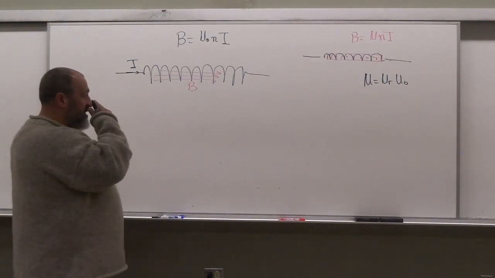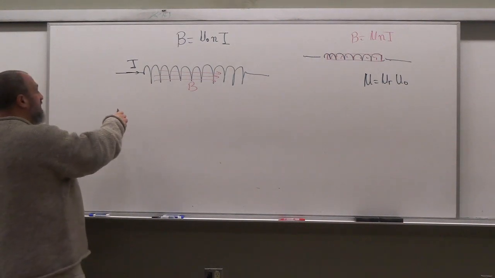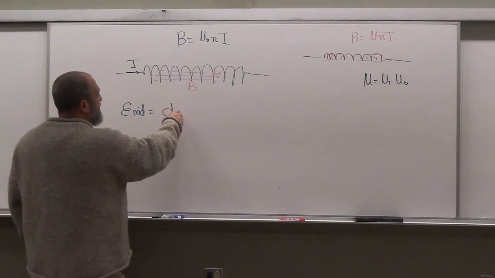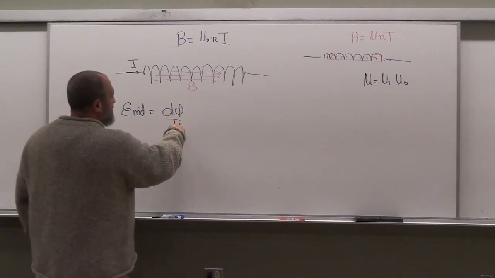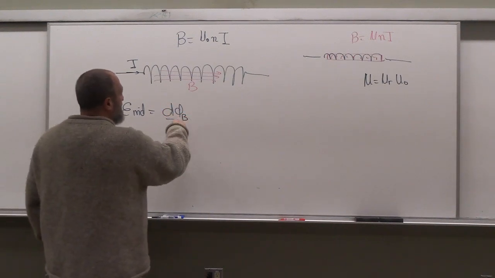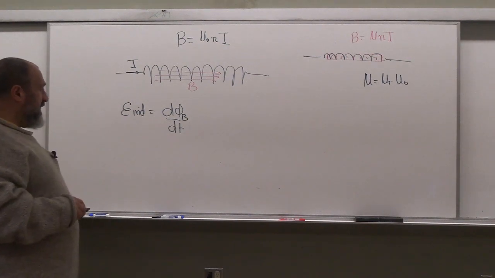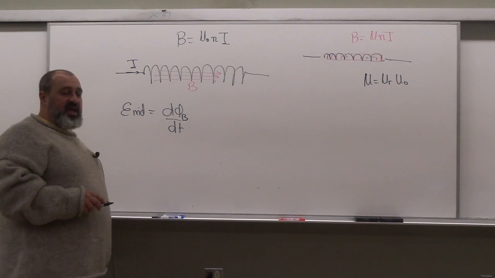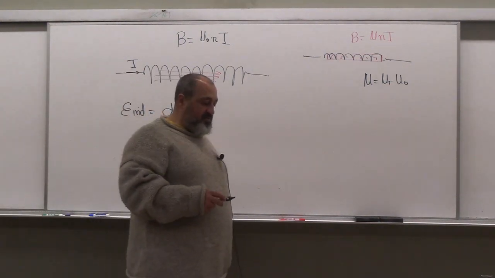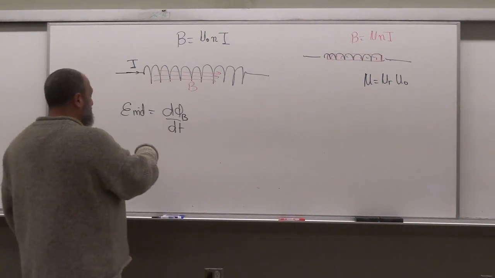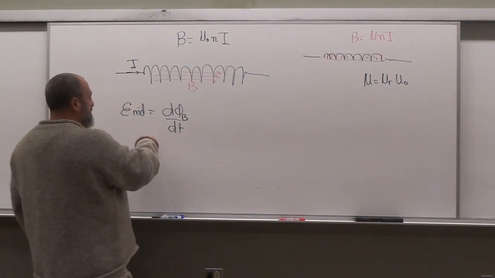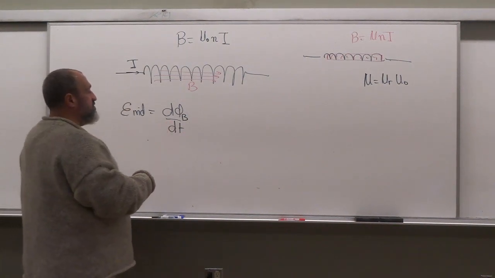Well, we said that epsilon induced is equal to minus d phi magnetic by dt. And we had an expression for mutual inductance as phi in 2 from 1 divided by I in 1. Now we can say that the self-inductance of this object, let's take a look at what this gives us.